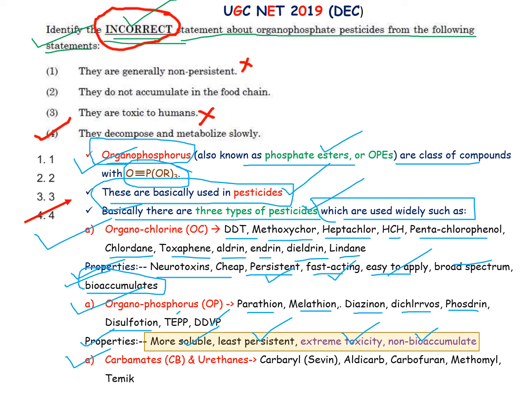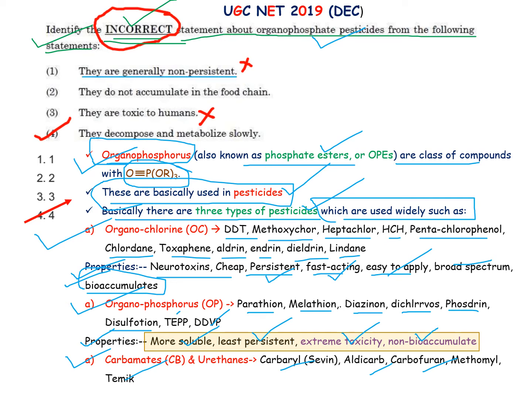So it will not stay, it will be released from the body of mammals. Again, the third one is the carbamates. We should read about the organophosphates, because the question is given about organopesticides. The first statement given is that they are generally non-persistent.